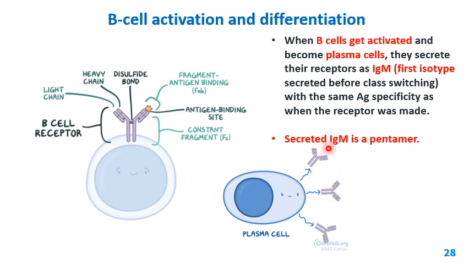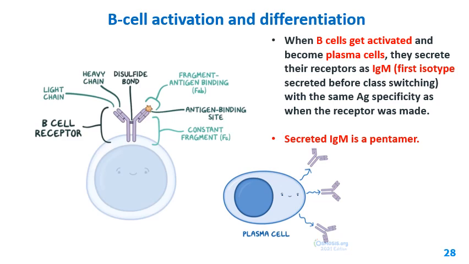Remember the sequence of the genes that is making the B cell receptor? The first antibody to come up is your IgM, and because of alternative splicing, you can also get IgG. So you have IgM and IgG, mainly IgM on the surface of this cell. So now your cell is naive and is ready to get activated.